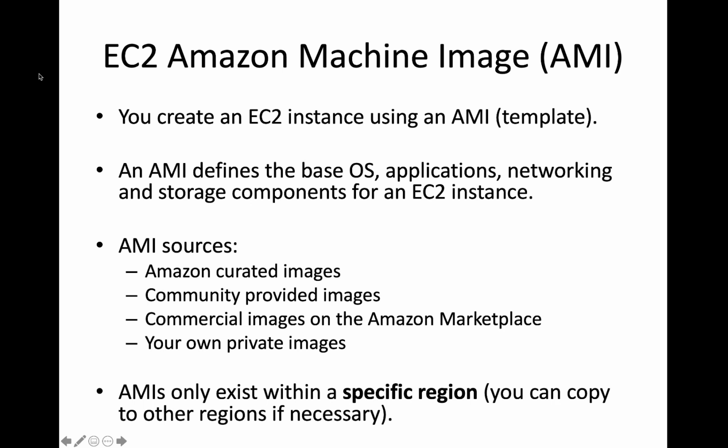In an EC2 instance, we start with an AMI, an Amazon Machine Image. That's the template that defines the base operating system and applications and configuration for the EC2 instance.